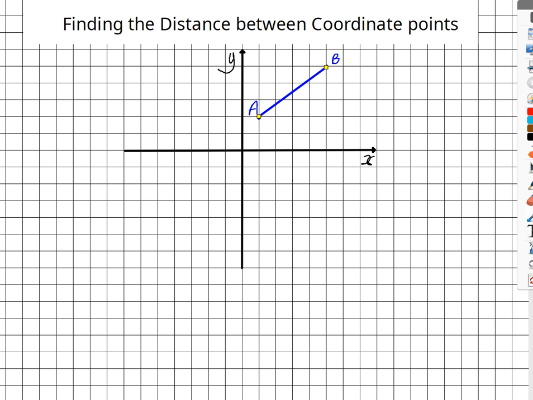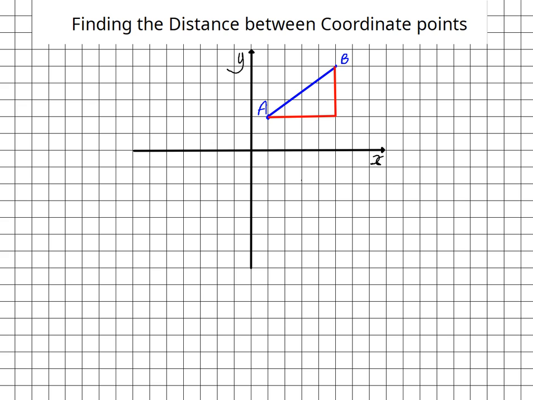then what we can do is make use of the grid and put in a right-angled triangle. Like this. Once you've drawn a right-angled triangle, this part here is a right angle because you know the x and y axes are at 90 degrees to each other, which means that everything in the grid is 90 degrees on every angle here.